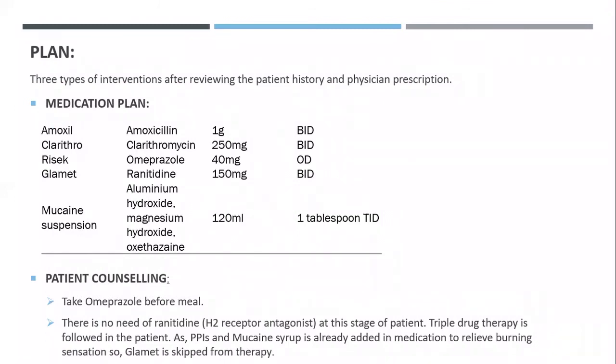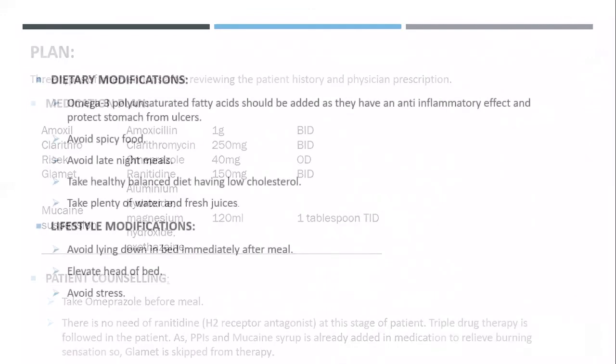Patient counseling: take omeprazole before meal. There is no need of ranitidine, which is an H2 receptor antagonist, at this stage of the patient. Triple drug therapy is followed in the patient as PPIs and mucaine syrup are already added in medication to relieve burning sensation. So Gelusil is skipped from therapy.